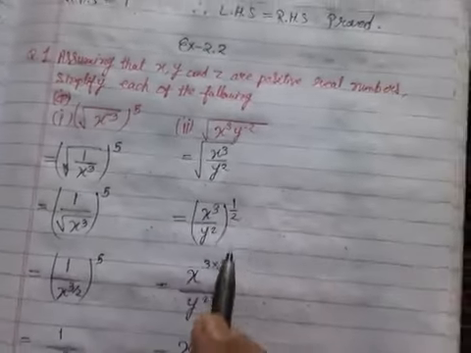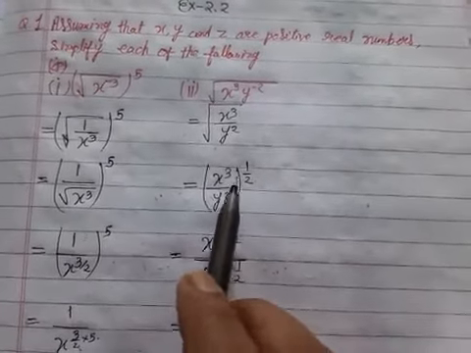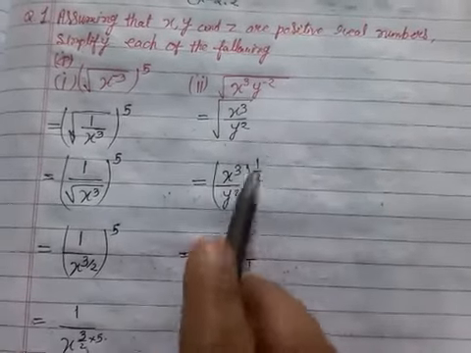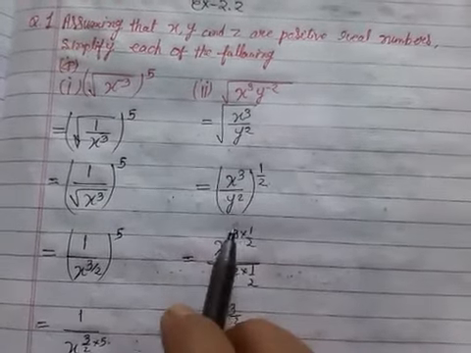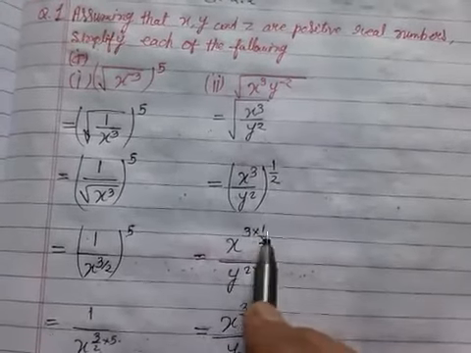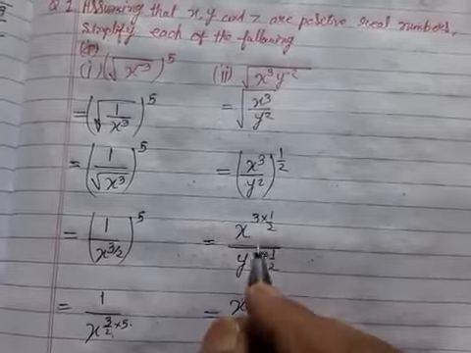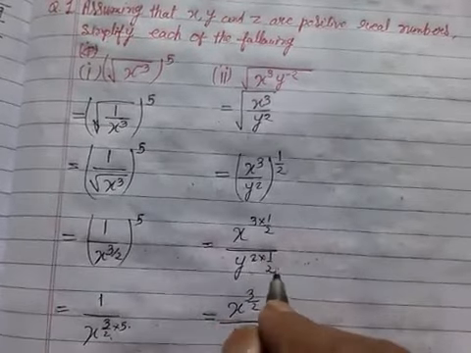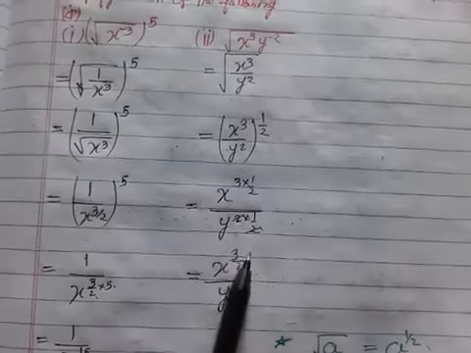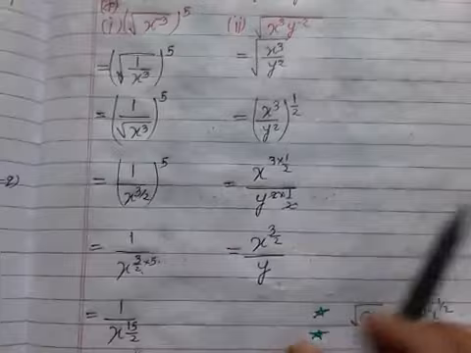Okay, so this power is multiplied by both x cube and also y square. So here x to the power 3 by 2, but here power 2 into power 1 by 2, so the 2's cancel, so we write here y, so the result is x to the power 3 by 2 into y, simply written. Okay.